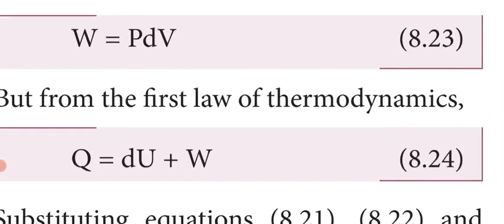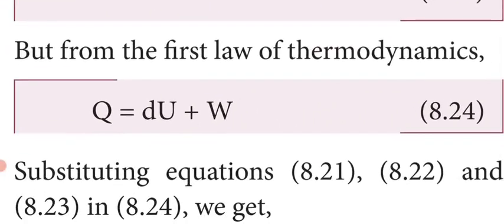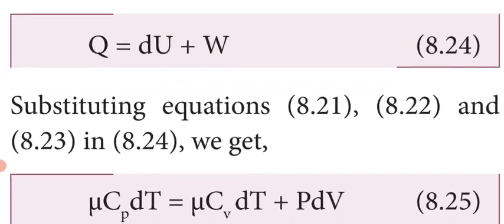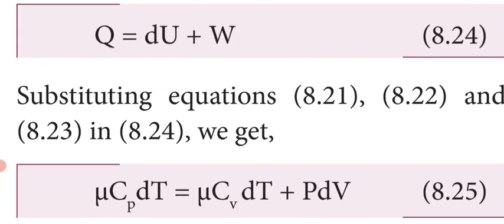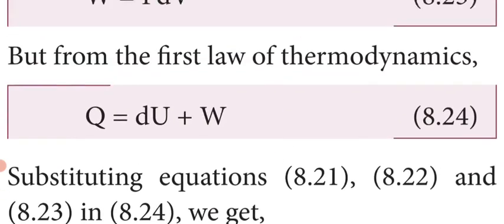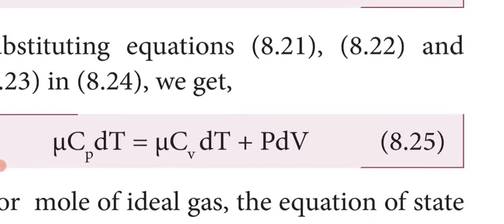From the first law of thermodynamics, Q is equal to dU plus W. Substituting, we get μ Cp dT is equal to μ Cv dT plus P dV.